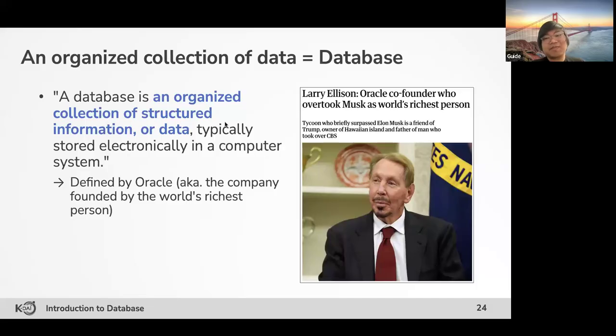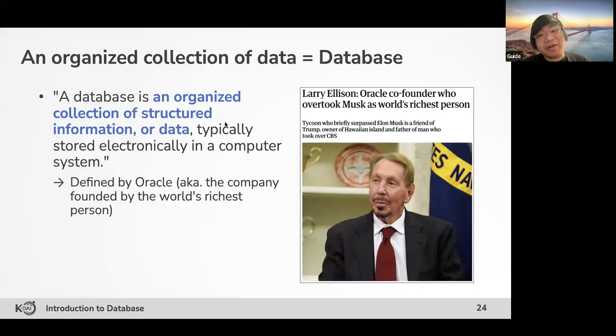Well, some fun fact. I think 2 or 3 months ago, someone dethroned Elon Musk from being the number one richest person. That guy's name is Larry Ellison. Some of you may not have heard about him, but I know him a lot.